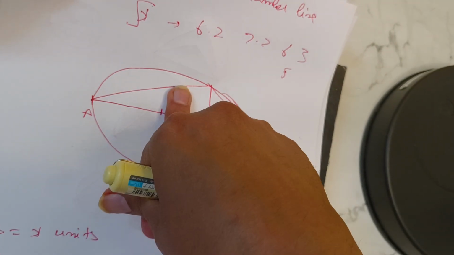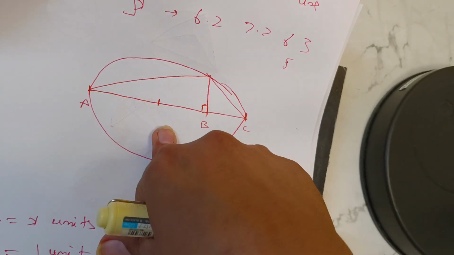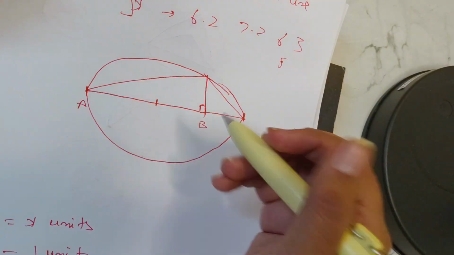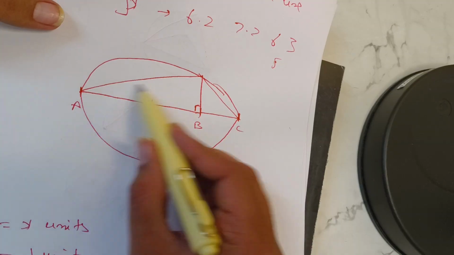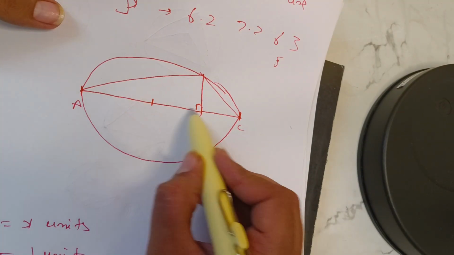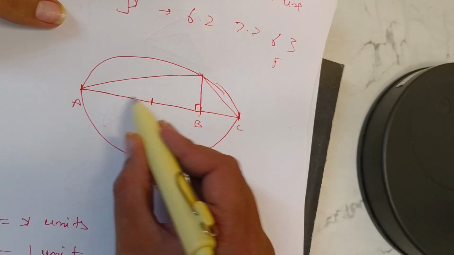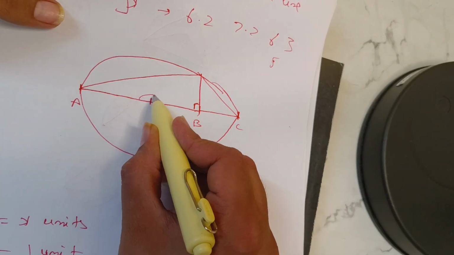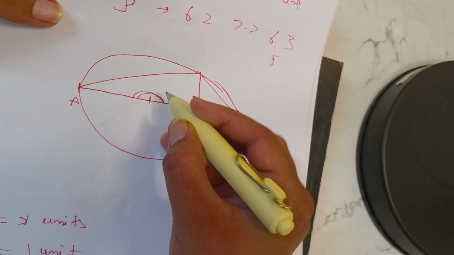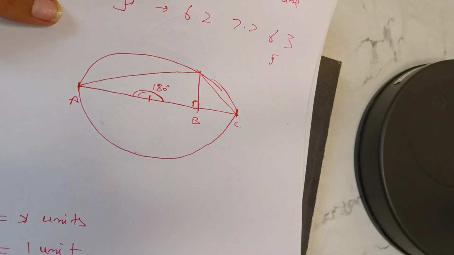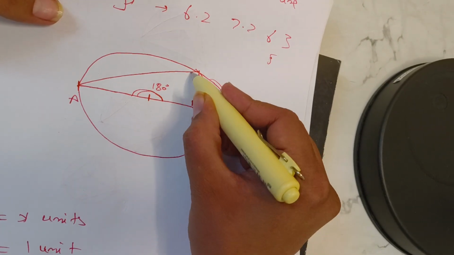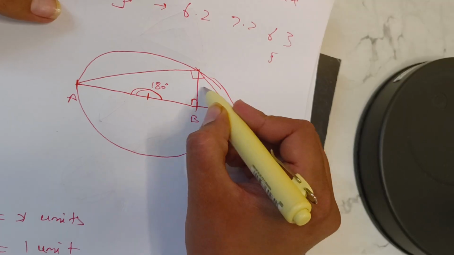So now this angle in the segment would be half. At the center we have 180 degrees, so this will be our 90 degree angle.